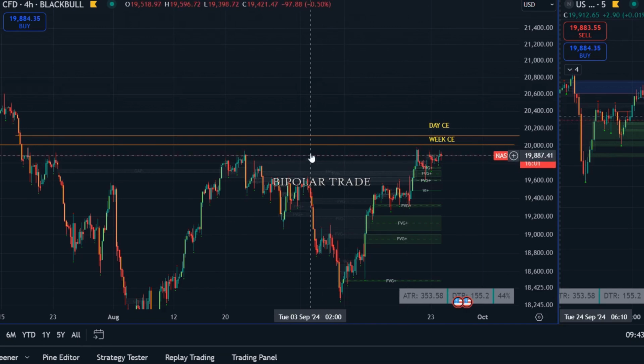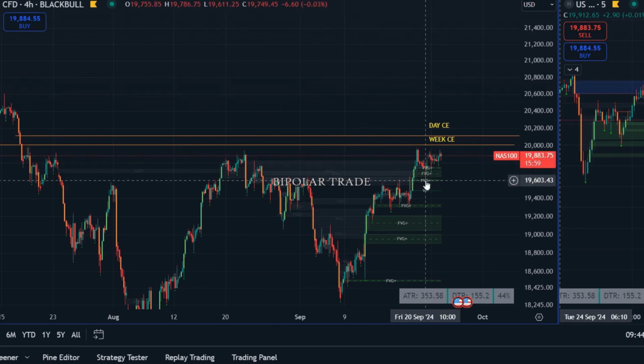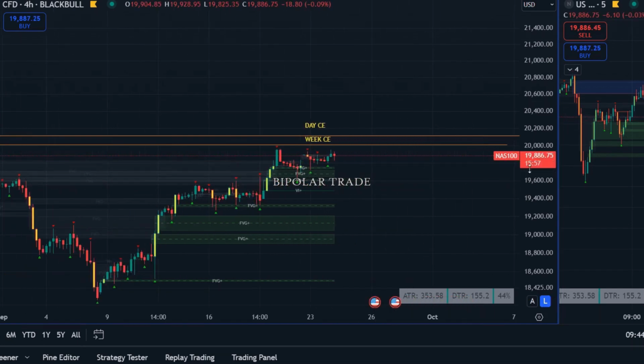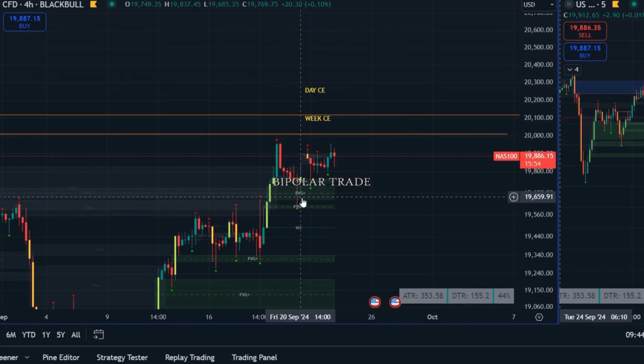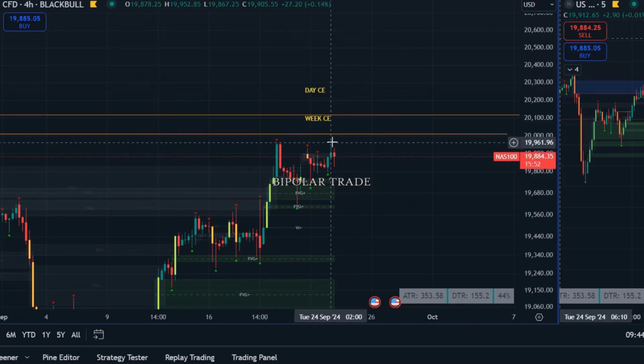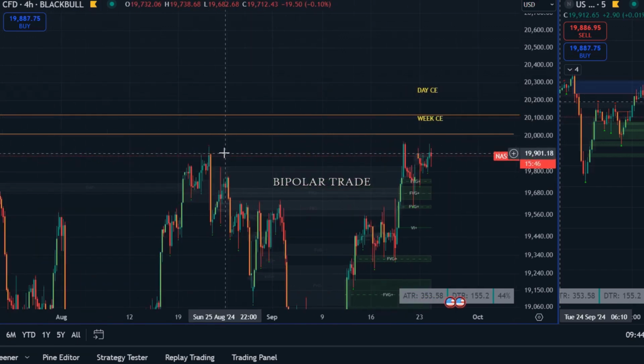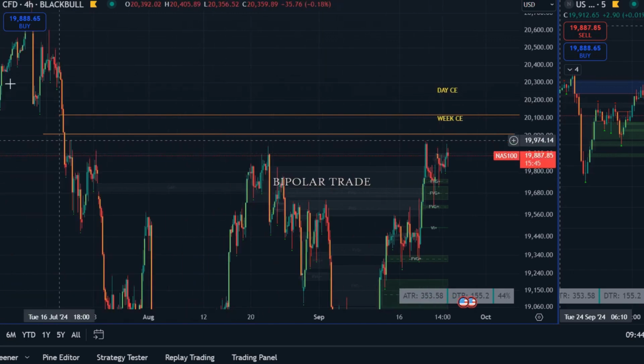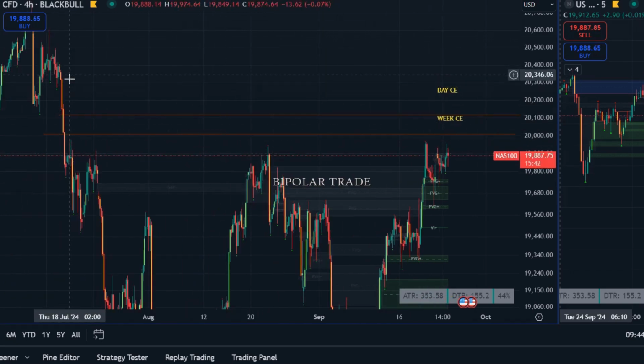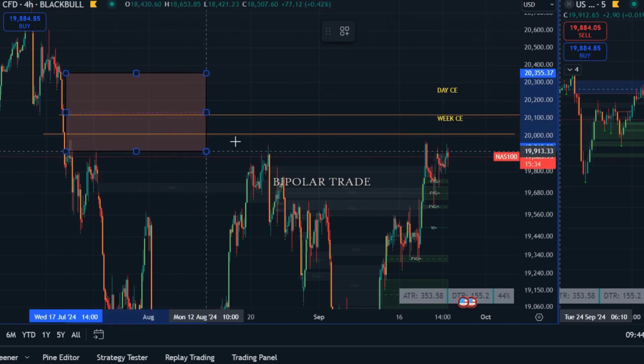You see this, it's given a close, rejected from the FVG, rejected from the FVG, and it gapped up and the market is running towards the draw on liquidity. Even in the 4 hour time frame, we see a lot of FVGs here. So all this is going to be FVG. If I mark this out, it's going to be messy in the chart, so I'm just skipping it.